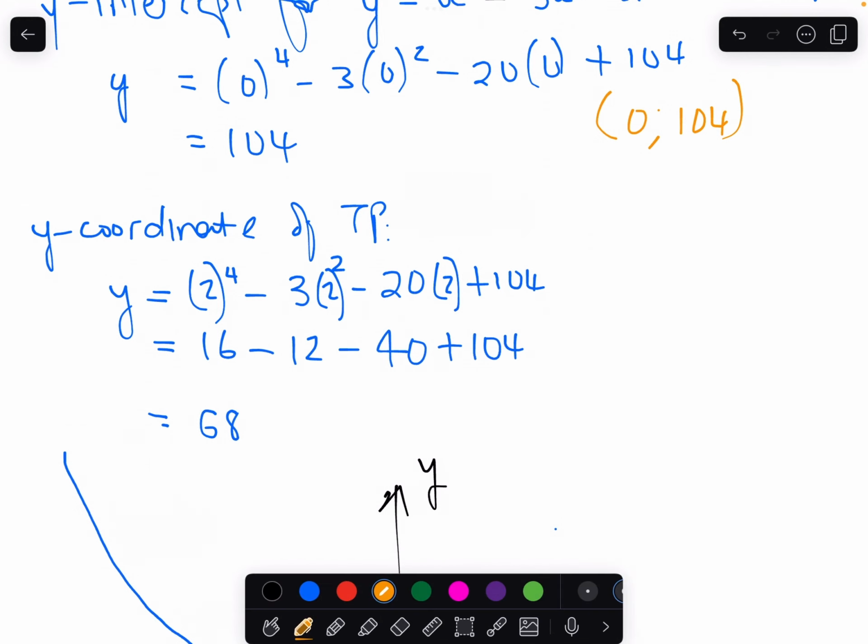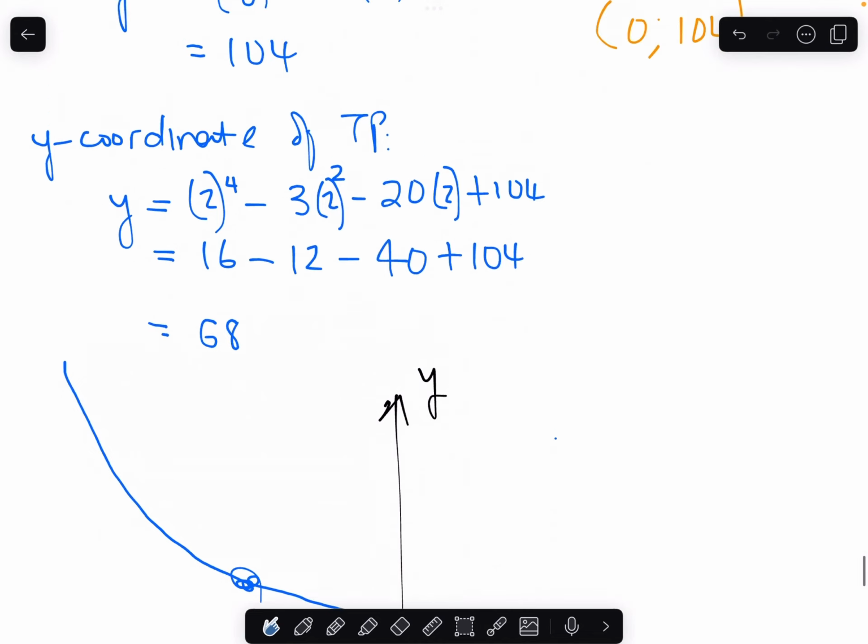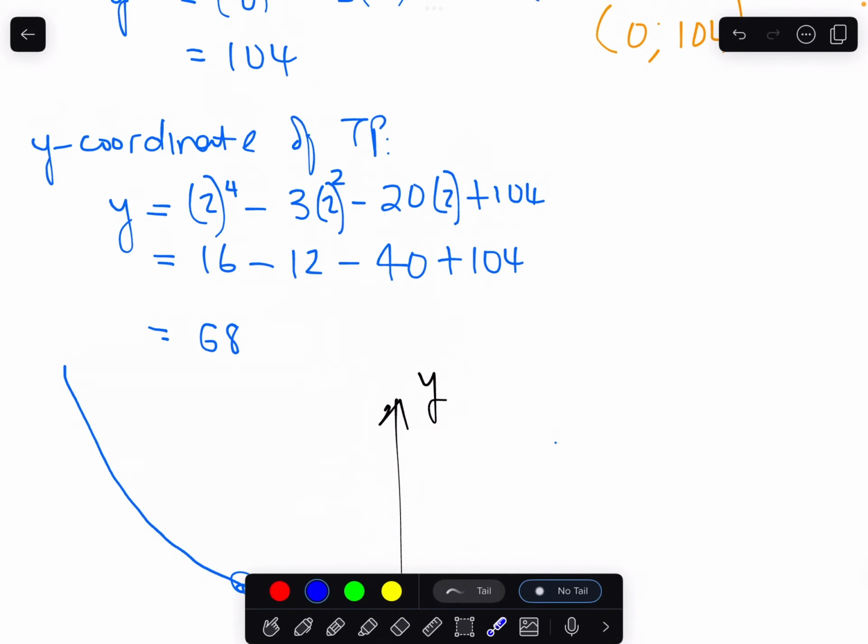I should have known that it would be above the x-axis because this expression represents distances. So we fully expect that all the values that it yields will be 0 and above, right? So anyway, we found that the y-coordinate occurs at 68.